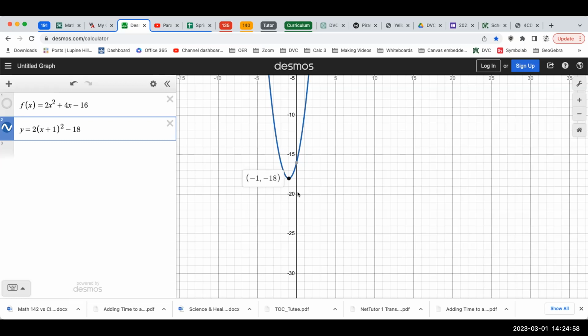I know this question asks you to find the y-intercept, the equation of the axis of symmetry, the x-coordinate of the vertex. Actually, it should say find the vertex and the x-intercepts. I need you to find the x-intercepts too. Let me get that worksheet. Let me do that, otherwise I'm gonna forget.